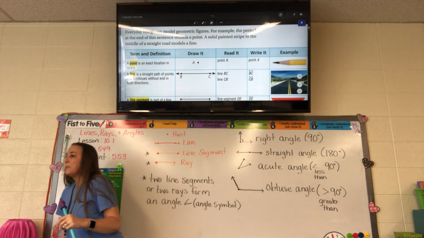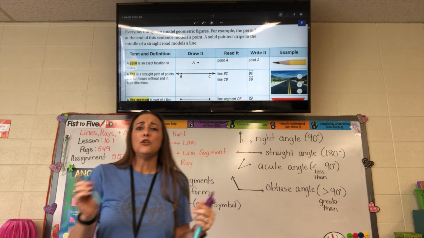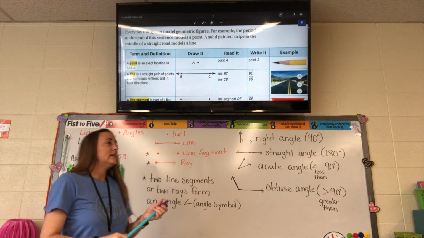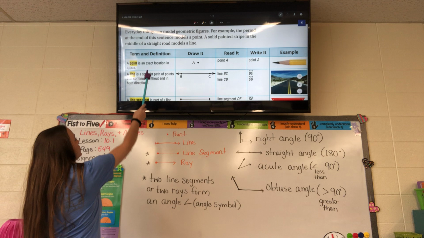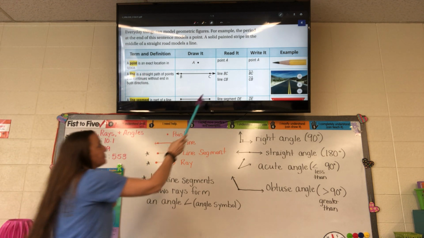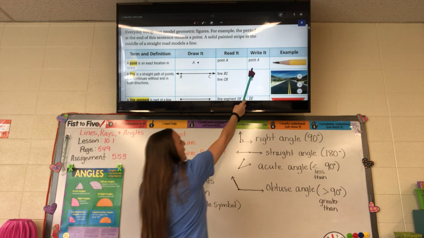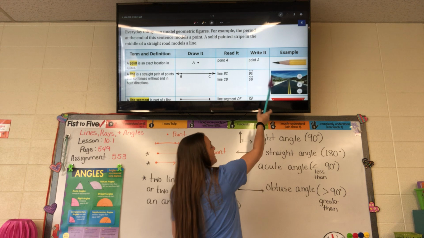So the point on a pen or a pencil is something you can't really measure the length or width of. It's just an exact location. You read this as point A. You write it as point A. An example is the point of a pencil.